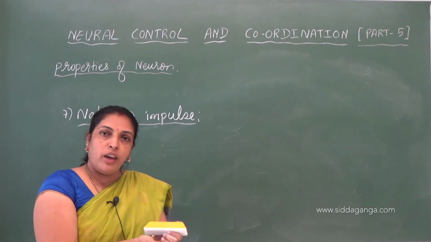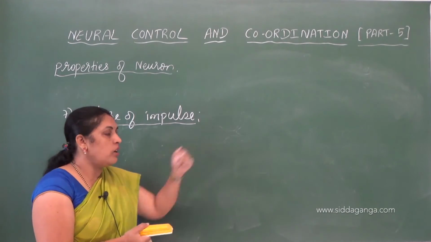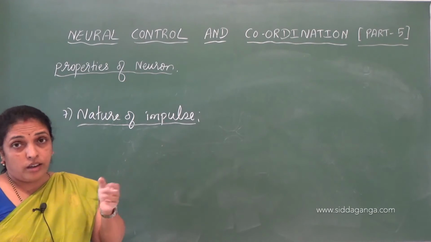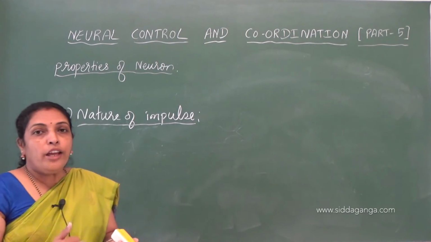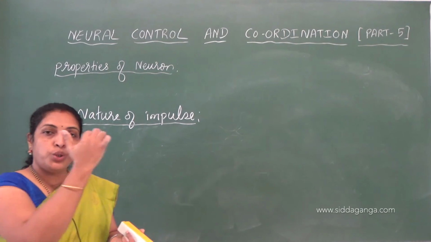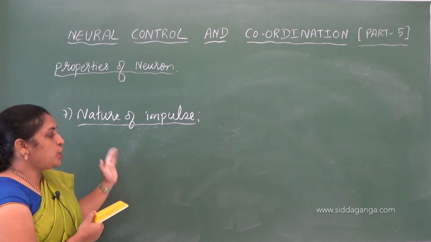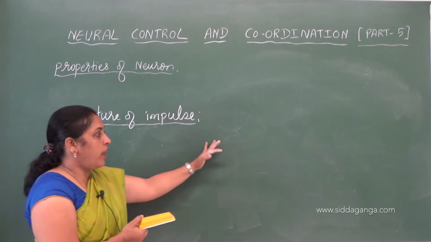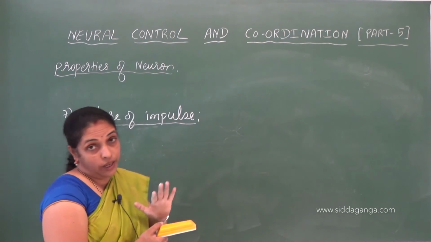In the same way, the action potential is generated and carried to the axon terminal, and from there it will be carried to the brain. So whatever may be the stimulus, the carrying of information to the brain is in the same way: generation of action potential, conducted along the length of the axon, then it shifts to the next neuron, and like that it reaches the brain.